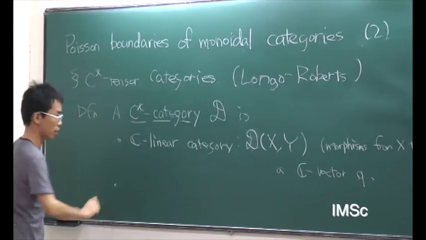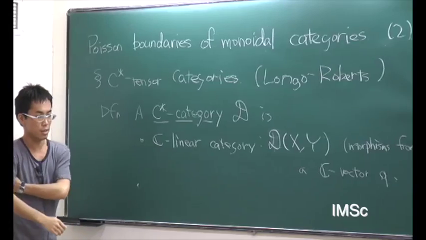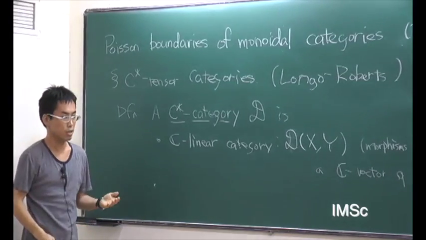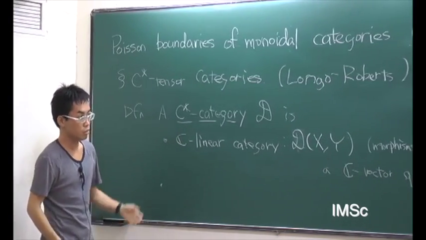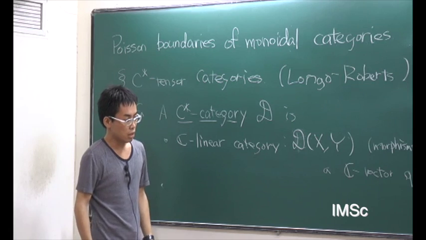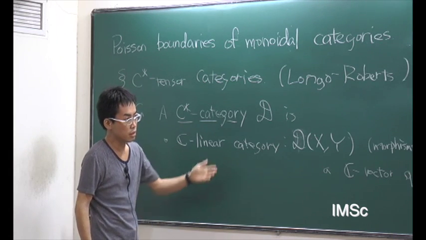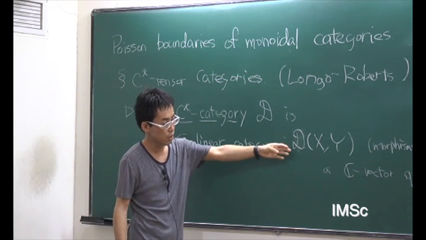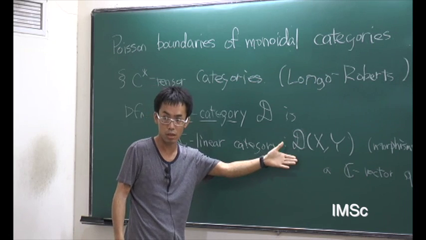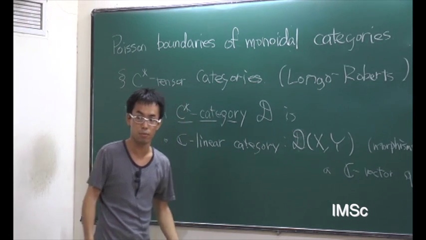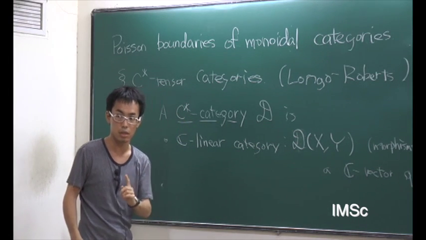And then these vector spaces have C-star structure. That means there is a Banach norm. Most of the time, the most interesting examples are where these morphism sets are finite dimensional, so there isn't much issue of completeness, but still you want the C-star norm.